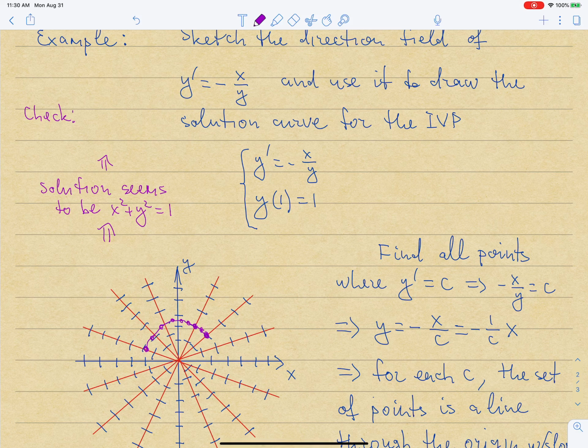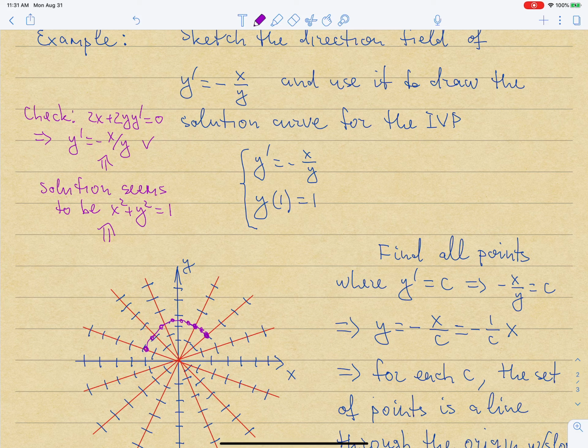I will take an implicit derivative. So if I take the implicit derivative, then I'll have 2x plus 2y y prime equal to 0. And if I solve for y prime, I'm going to get y prime is minus x over y.